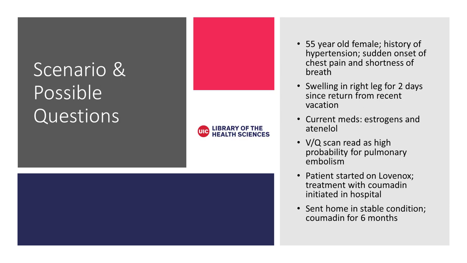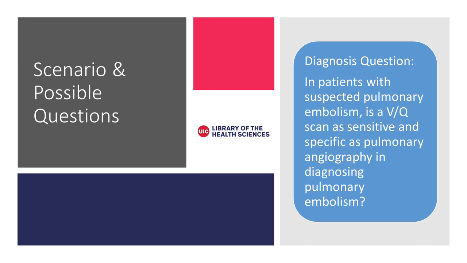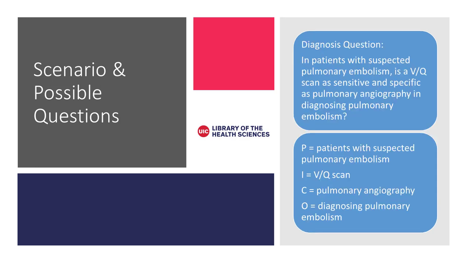You might have many different clinical questions related to this patient. Let's look at a few possibilities using the PICO model. A possible diagnosis question could be, in patients with suspected pulmonary embolism, is a VQ scan as sensitive and specific as pulmonary angiography in diagnosing pulmonary embolism? In this question, our P element is patients suspected of pulmonary embolism.